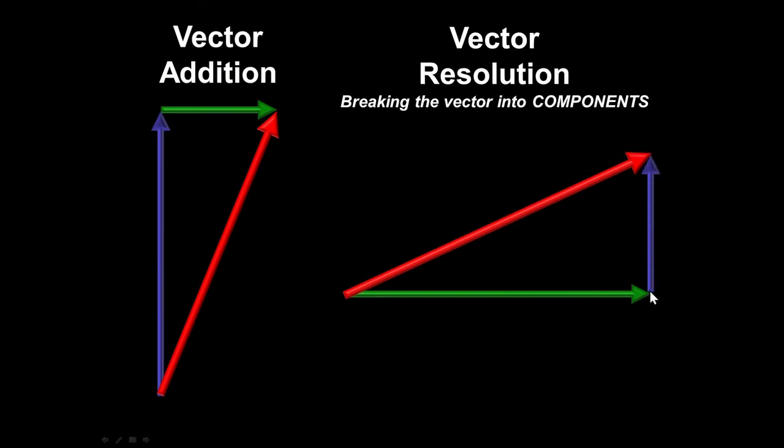And then the vertical component is going to just go straight up from there. Well, just like we did here, the green one plus the blue one results in that vector. So if we were to break that vector up into its components, this vector really is the same as this one and that one combined.